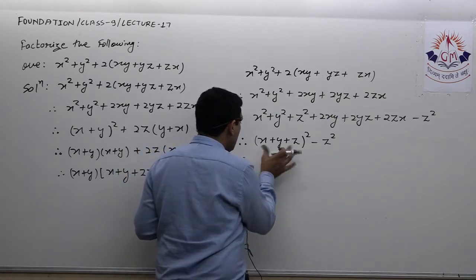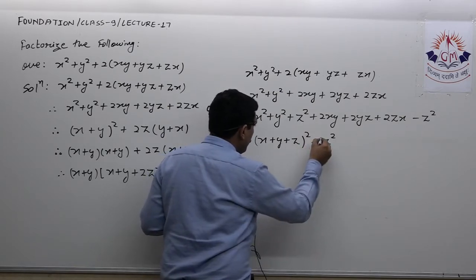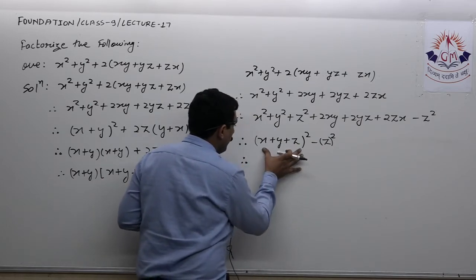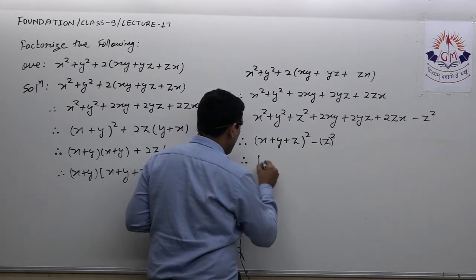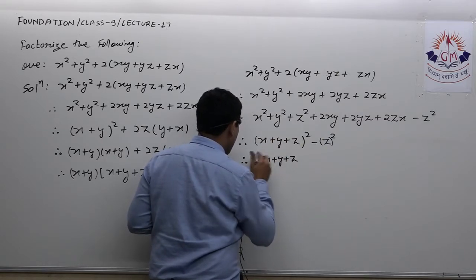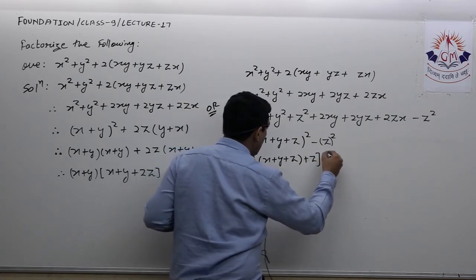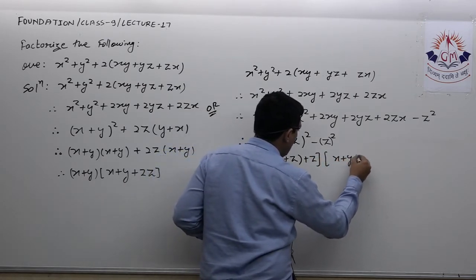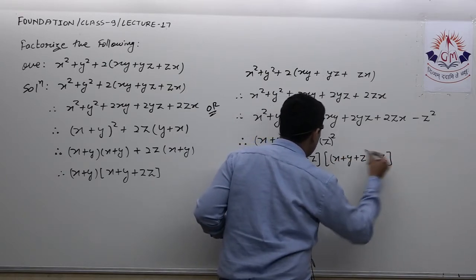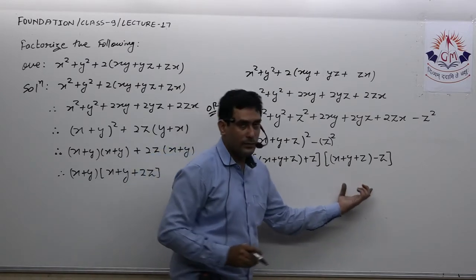So here I consider this as A and this as B. So instead of this I write this, so it will be more clear. So (A plus B) into (A minus B).